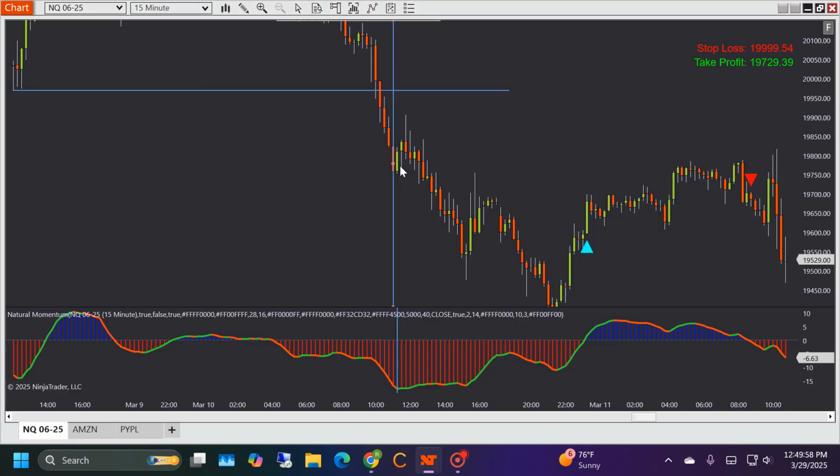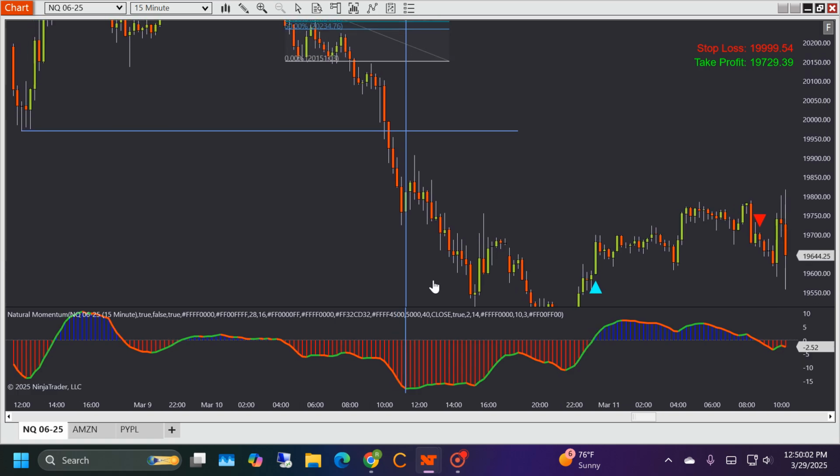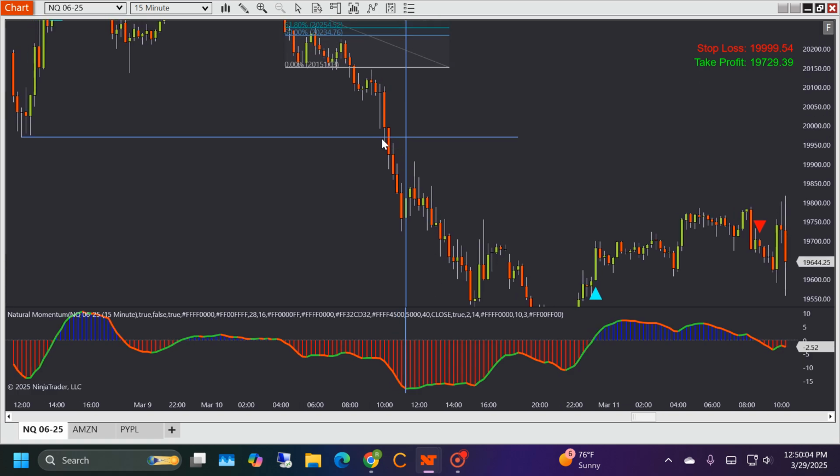We'll move that over to correlate. So again, even though we took this low, price action tells us that that's a reasonable take profit level. The natural momentum indicator is telling us this can still go farther. This is not showing any signs of turning around at the moment. And so you get another great move.